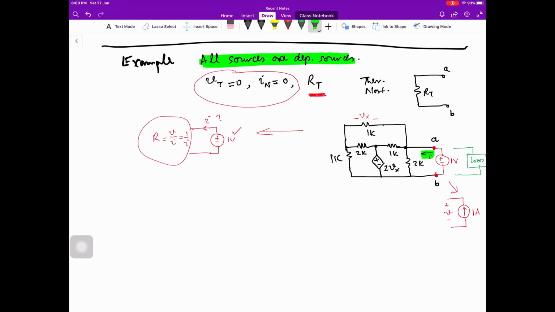Note that we can apply the node voltage method, or we can apply the mesh current method.